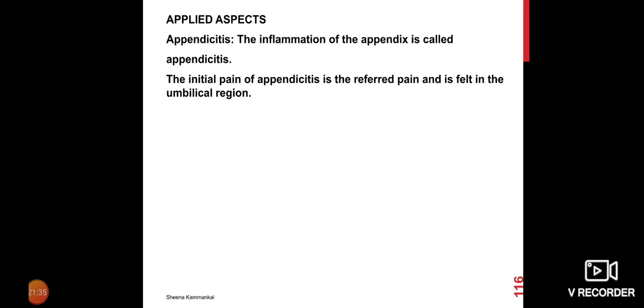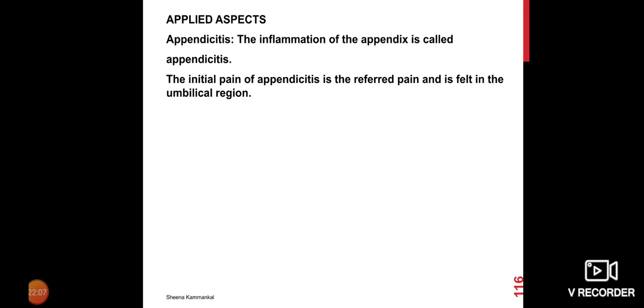And one more thing: the exact position of the appendix is at McBurney's point. What is McBurney's point? McBurney's point is the point where the maximum tenderness of appendicitis can be felt.